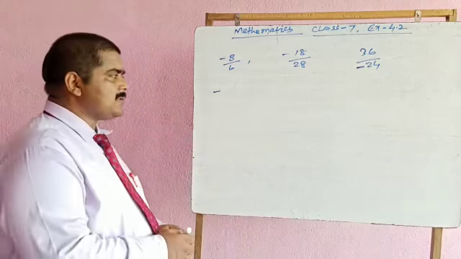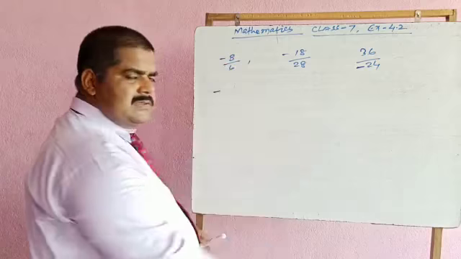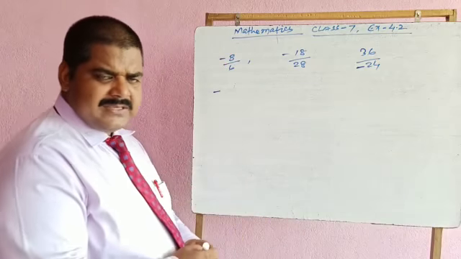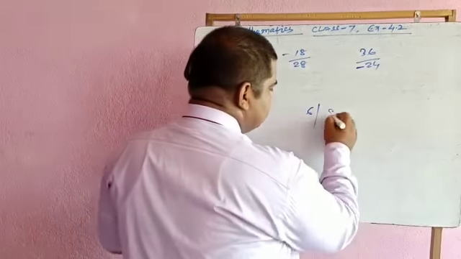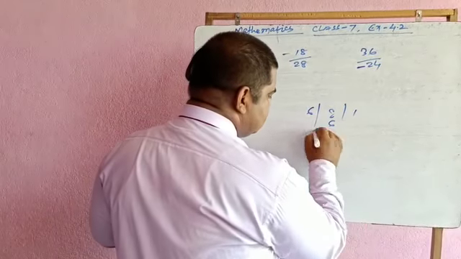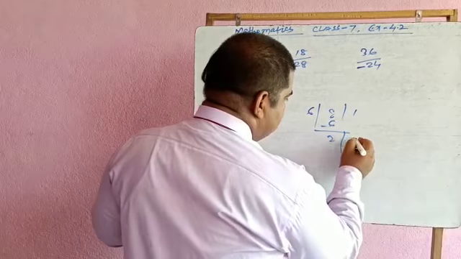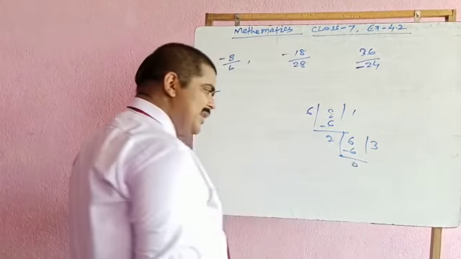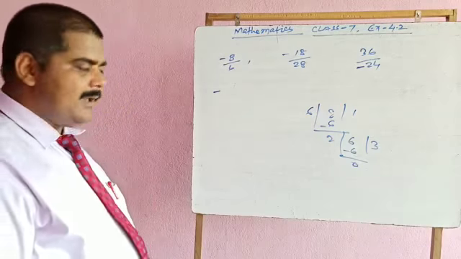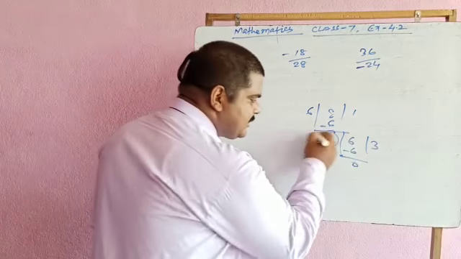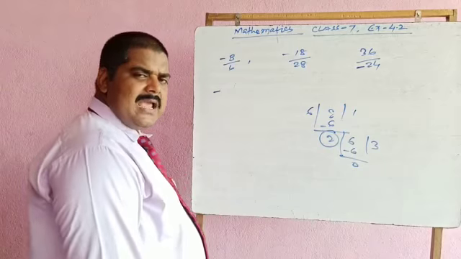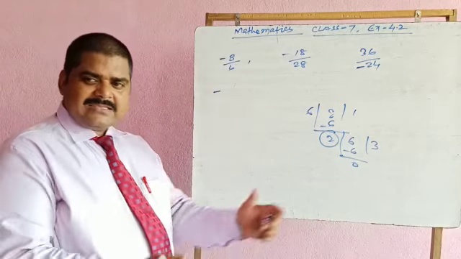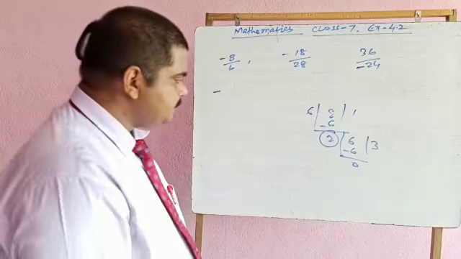My dear students, when you get the HCF of 8 and 6, just check 1, 6, 2, and if you have a problem, then you have to learn how to find out HCF. HCF of 6 and 8 is 2, it means the highest common factor is 2.